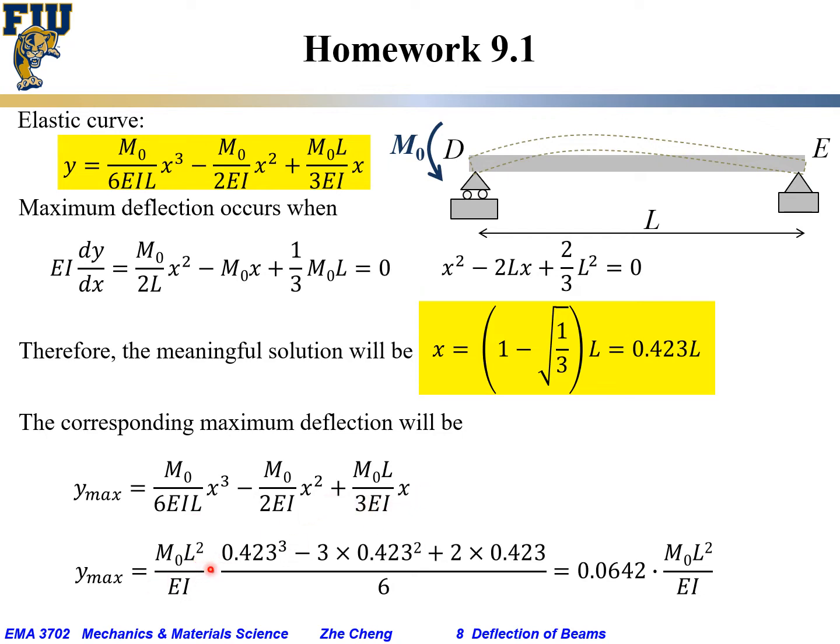So L squared is put in the front, and 0.423 cubed minus 3 times 0.423 squared plus 2 times 0.423, and this is our end result for the maximum y deflection. And it's a positive number, which means it is higher than the original beam location.